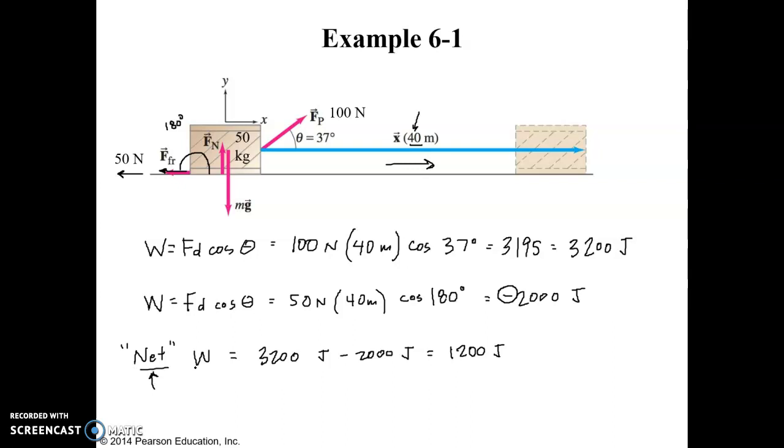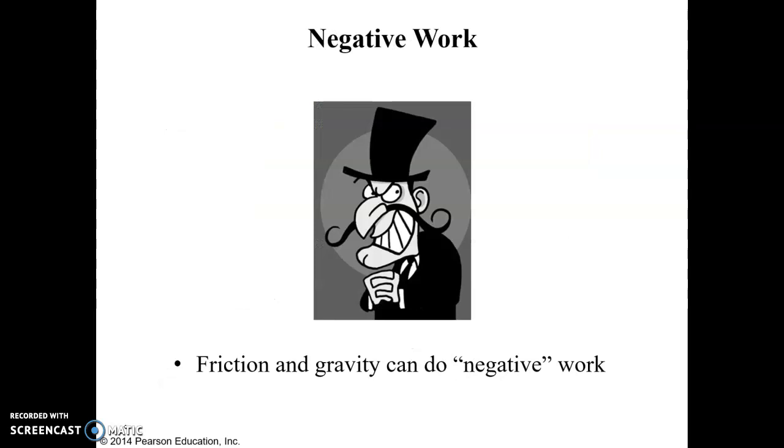The net pay is what you're left with after taxes and things like that are taken out. So that's similar to what we're talking about here. The net work is the work that we're left with after we take out what has been done by friction. So this is the net work that is being done.